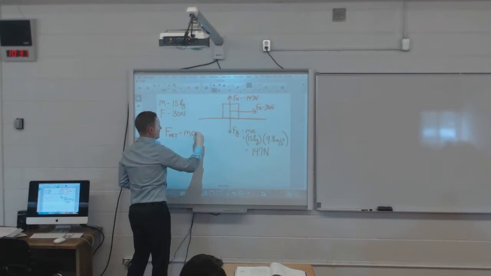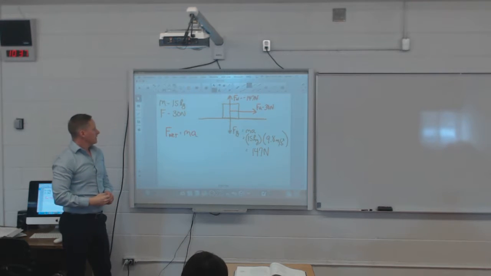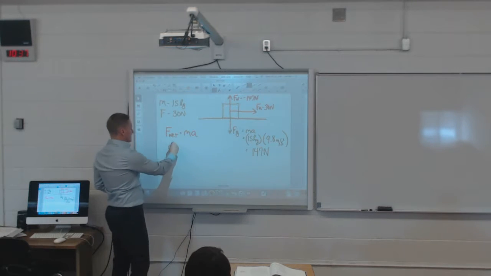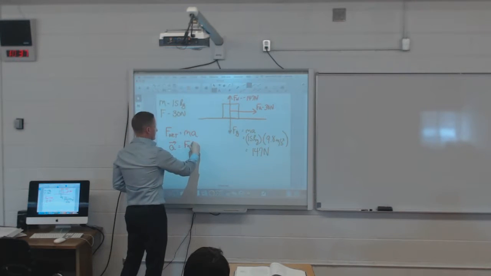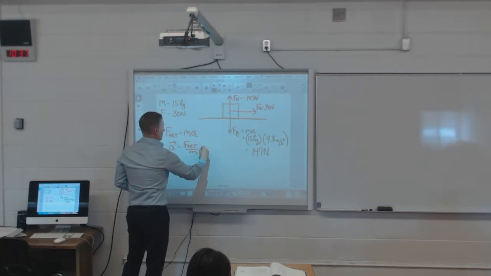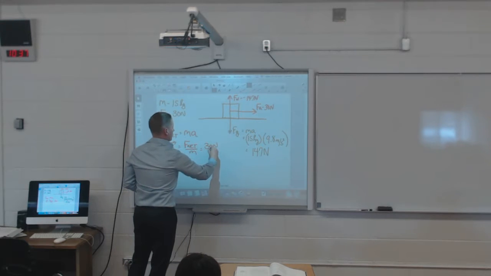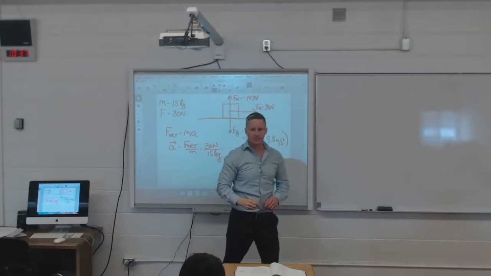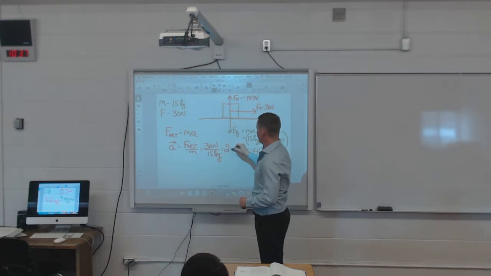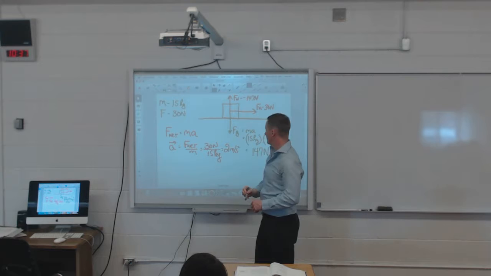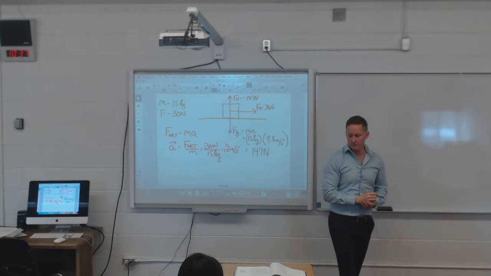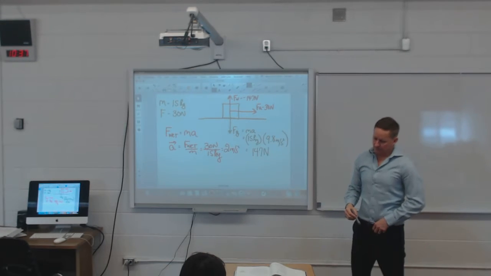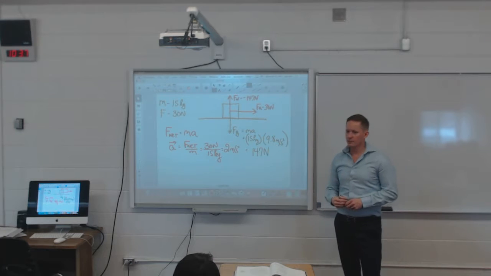Okay? So then what's my acceleration of this guy? Net over mass. 30 newtons over 15 kg. What's the acceleration? 2 meters per second squared. So far, so good.